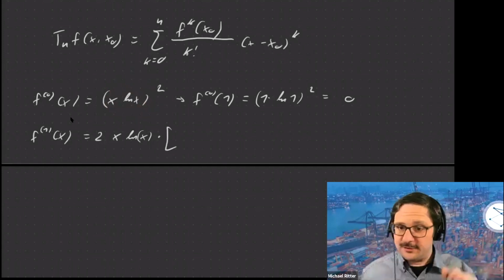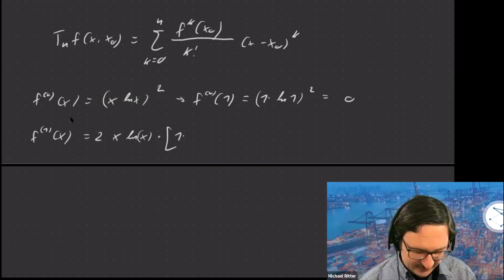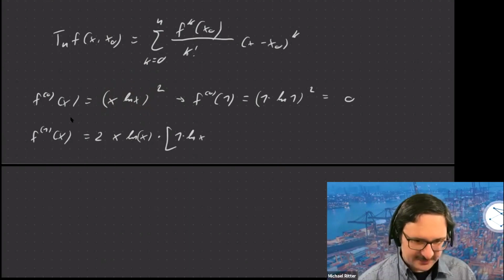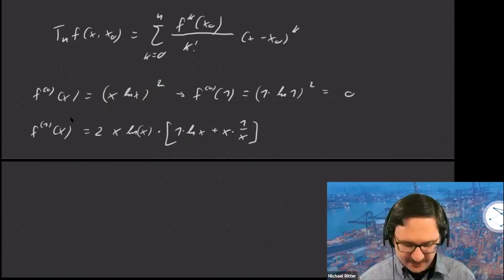That's a product of two functions, so we apply the product rule. We first differentiate that x, so that's 1 times ln x, plus, and then we keep the x and differentiate the ln, that is 1 over x. So this is that derivative here.